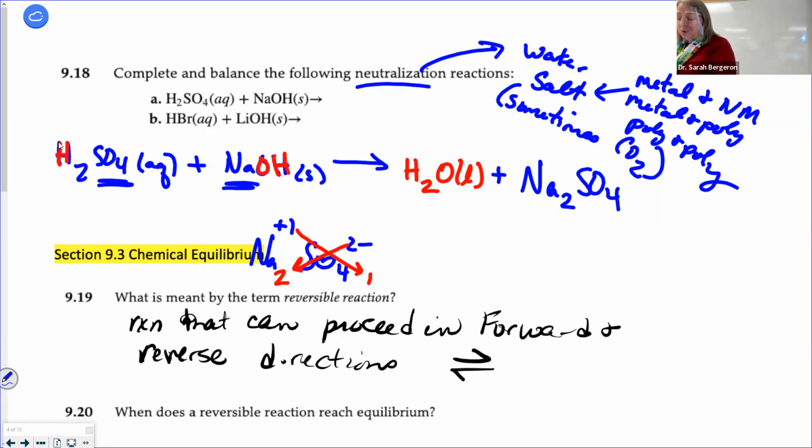If I take 2 hydrogens from H2SO4, how many hydroxides would I need? 2. Right? How many waters would I make? 2. Now am I balanced?